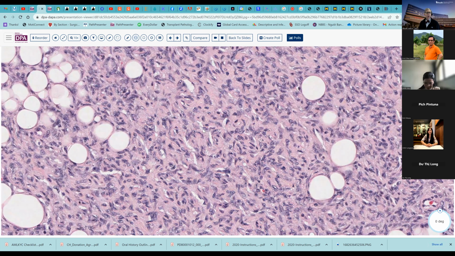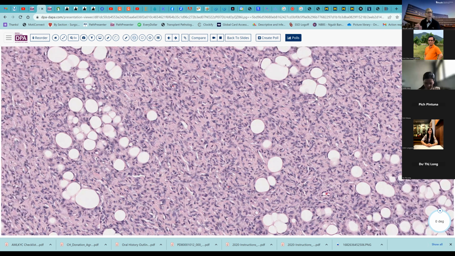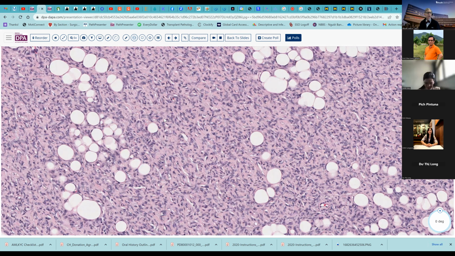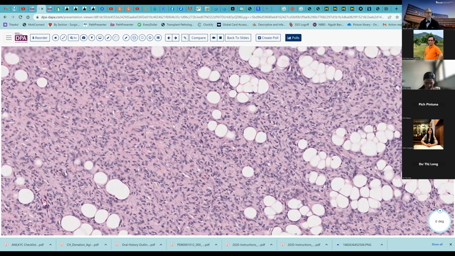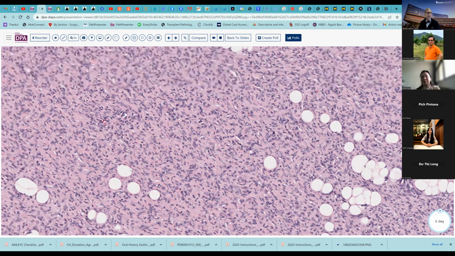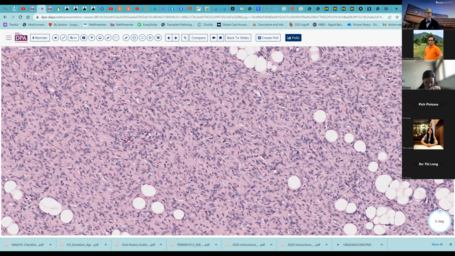There's a bit of a storiform or swirling pattern as we saw in solitary fibrous tumor. There's a phrase in English that was often used for solitary fibrous tumor, and I think it applies here, of a so-called patternless pattern, the pattern without a pattern.